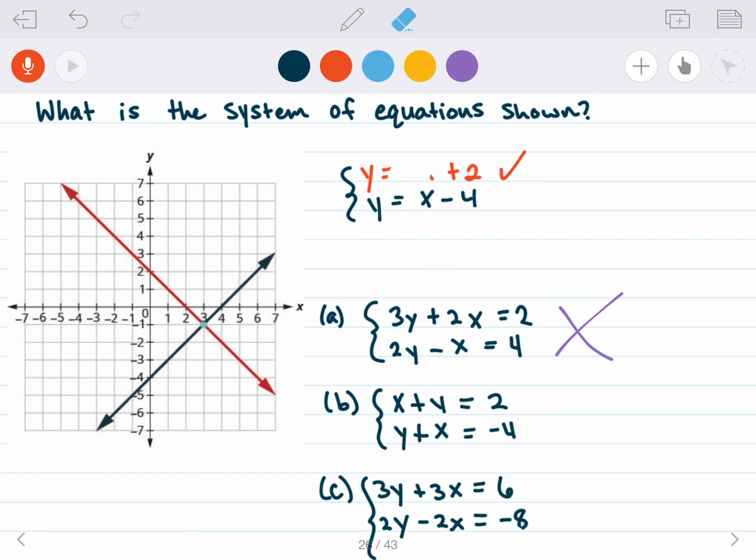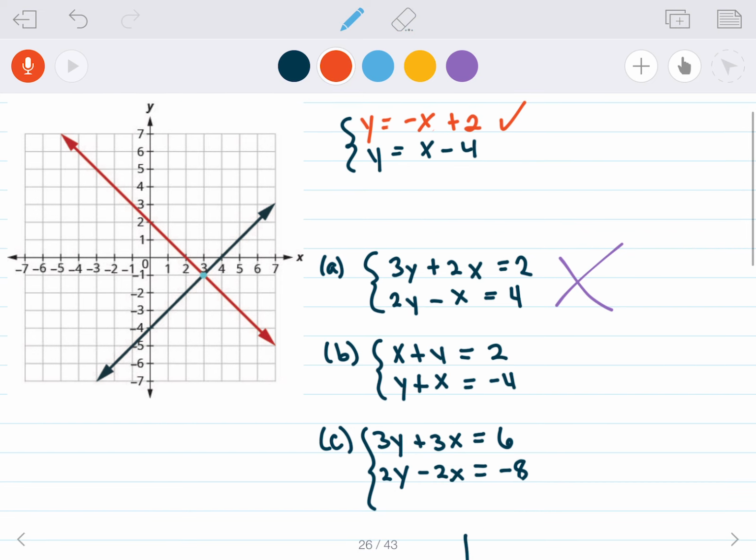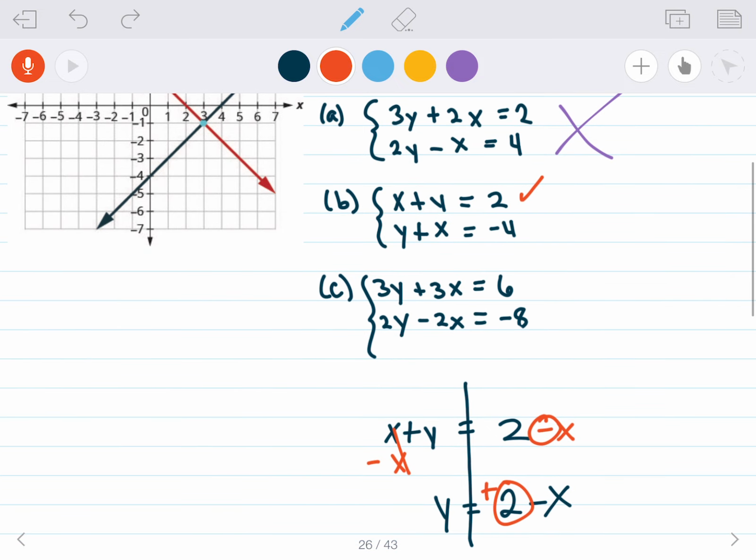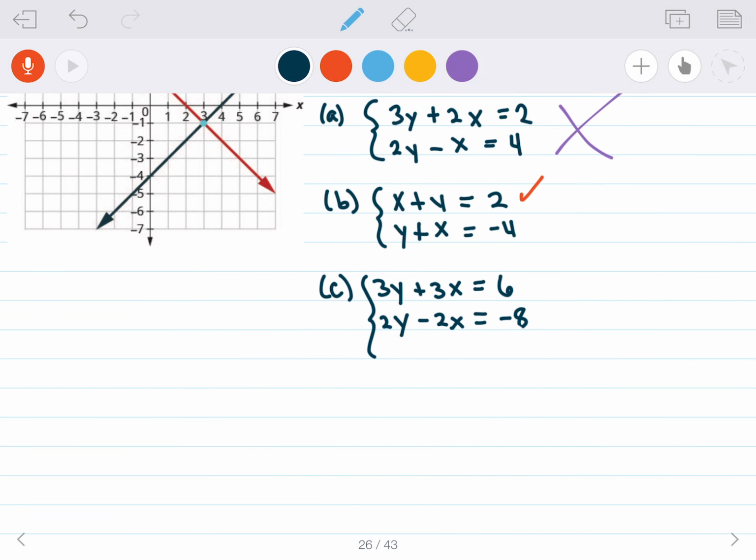So let's check the second one. That one matches up. Let's check the second one to see if it equals x minus 4. Well, if I check the second one in the system, I get y plus x equals minus 4. I want to isolate y on the left, so I'm going to subtract x from both sides to do that. And I get y is equal to negative 4 minus x.